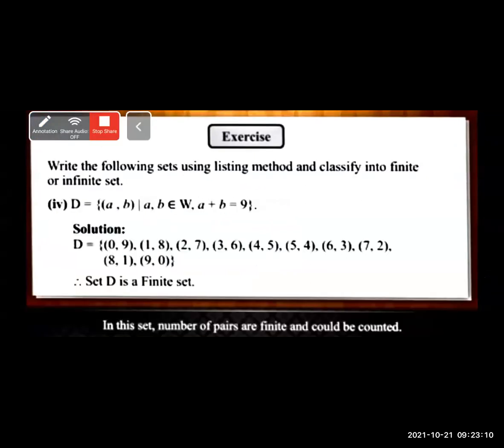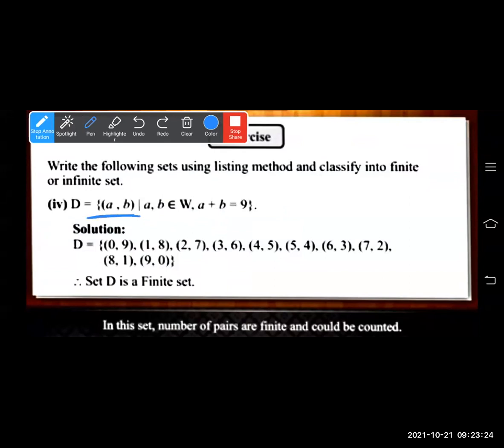Then see question number 4. Write the following sets using the listing method and classify them into finite and infinite sets. The set D is equal to the set of all ordered pairs (a, b). This is called an ordered pair (a, b), such that a, b belong to whole numbers, or (a, b) is an element of W, and a plus b is equal to 9.